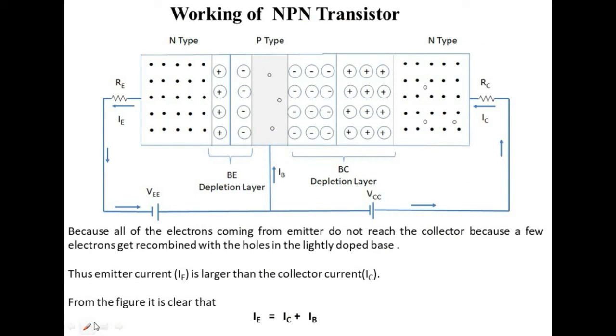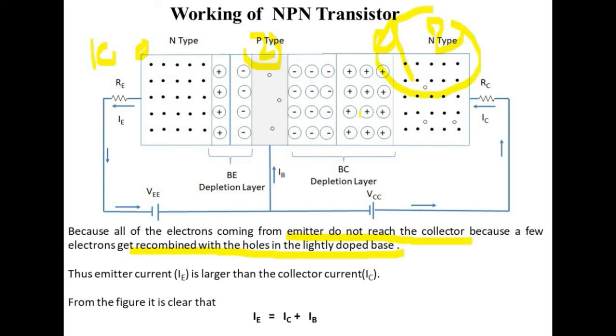All of the electrons coming from the emitter do not reach the collector, because a few electrons get recombined with the holes in the lightly doped base. So out of 100, 2 were recombined and 98 were able to cross the junction to reach the collector.